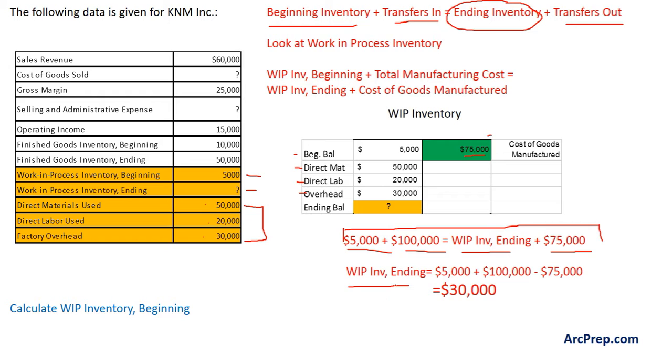It's going to give me work in process ending inventory is equal to 5,000 plus 100,000 minus the 75,000. I take the 75,000 back to this side of the equation, and work in process ending inventory turns out to be $30,000.